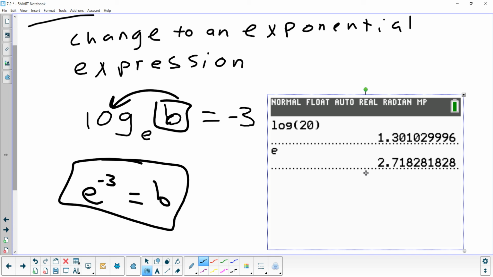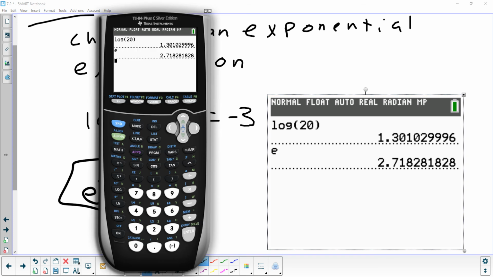So not as many people are familiar with E, but E is actually a number just like pi is a number. Might look like it keeps repeating 1828, 1828. It doesn't. I don't remember what the next number is, but it's not 1828 again. So if you actually wanted to know what this came out to, you'd have to use a scientific calculator that had E, or you'd have to memorize that number and raise it to the -3rd power.